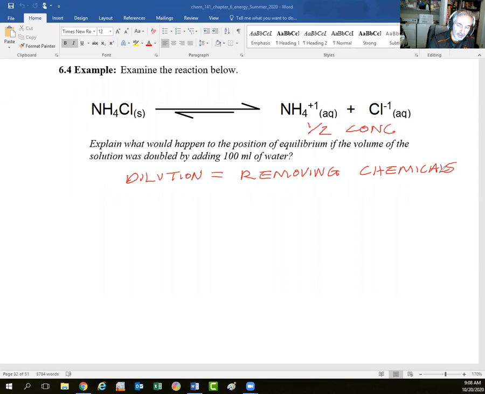There isn't really any change in the total amount of chemical, but we're tricking the solution, tricking the reaction into thinking that we've removed chemicals by diluting their concentration. And so Le Chatelier tells us when chemicals are removed, we move towards the chemical removed.